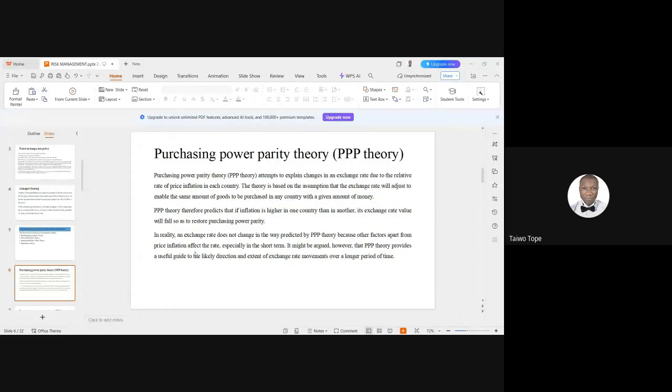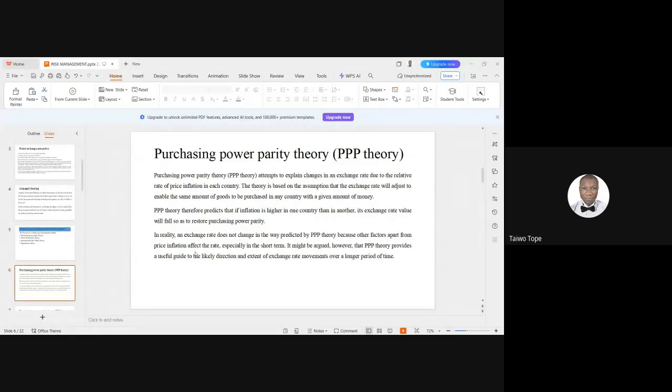It states that the same goods, wherever they are traded, should have the same price. If you are selling a particular item in a location, once you move that item to another country, it should maintain the same price when the value of the currency is converted. So this theory is premised on the law of one price.